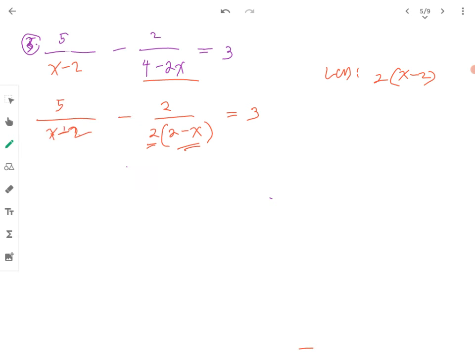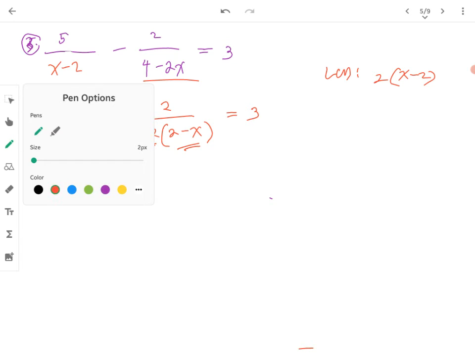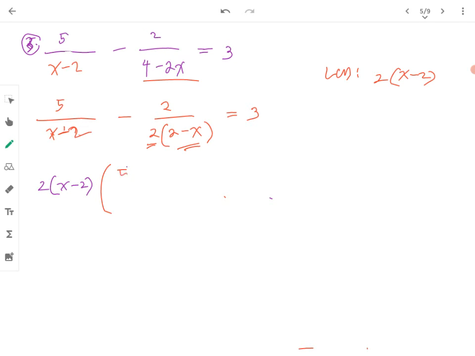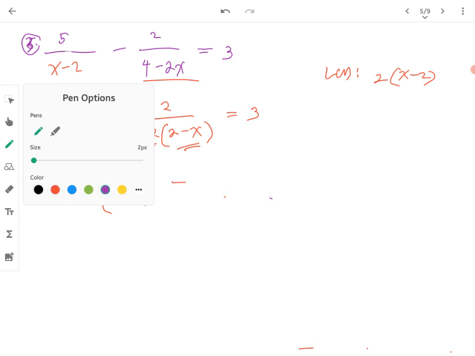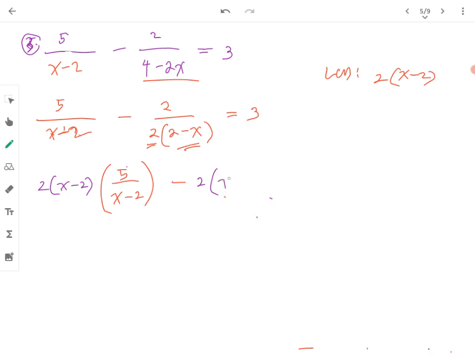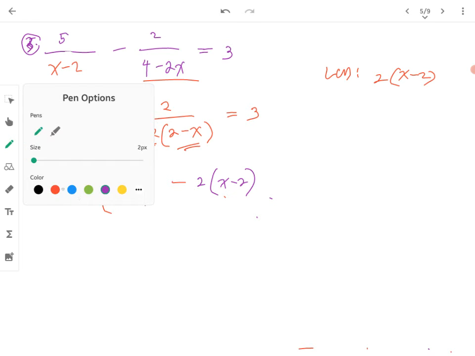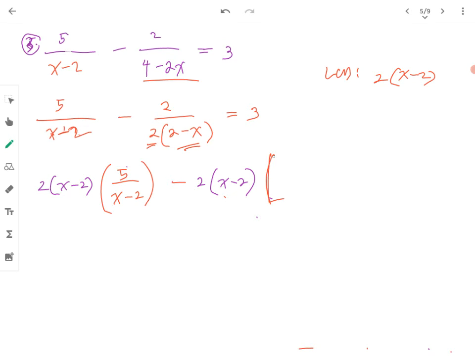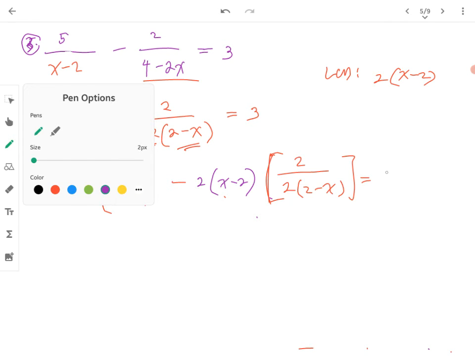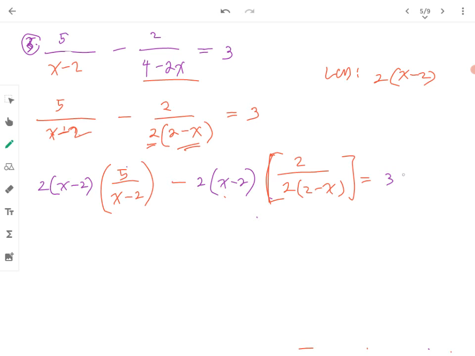We have our LCD multiplied by the first term, which is 5 times x minus 2, minus our LCD again, which is 2 times x minus 2, multiplied by our second term, 2 times, equals our LCD again, 3 times our LCD, which is 2 times x minus 2.